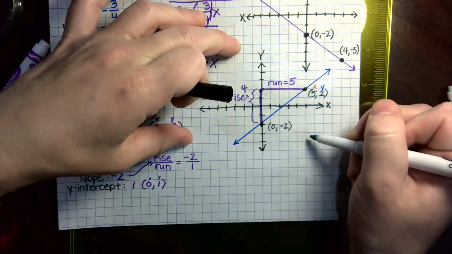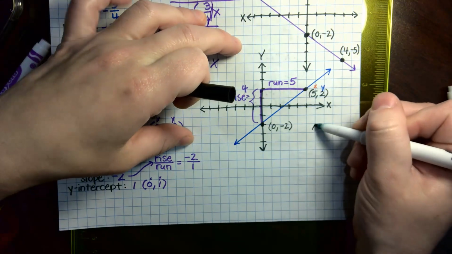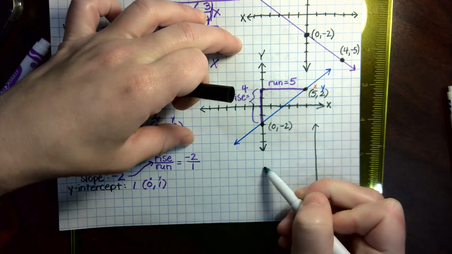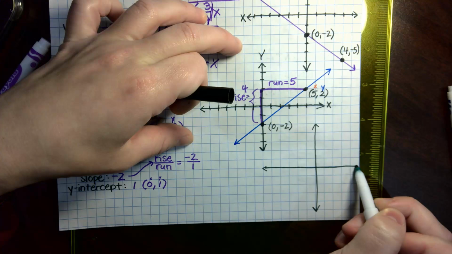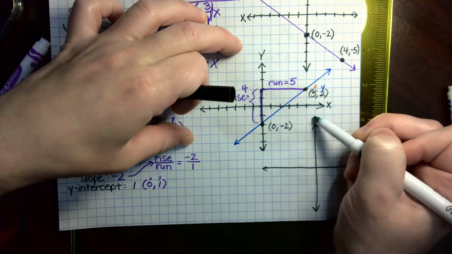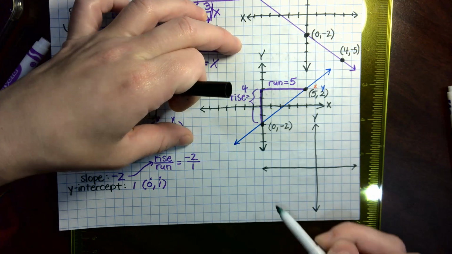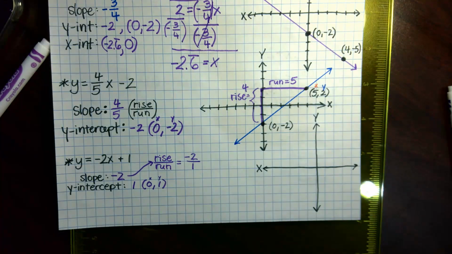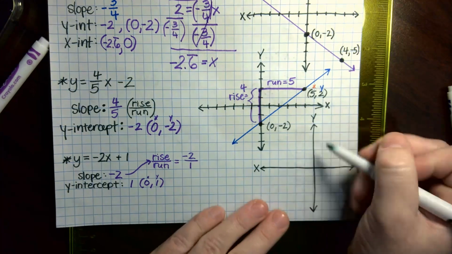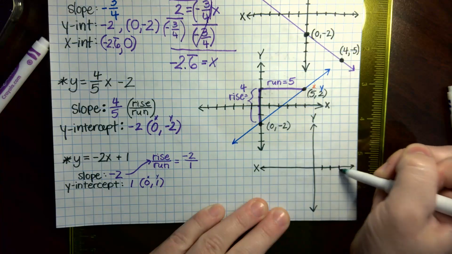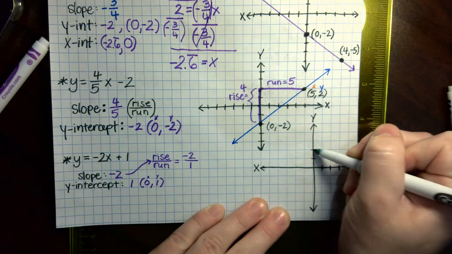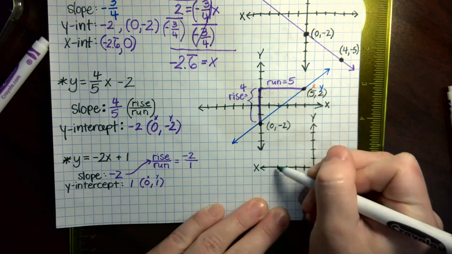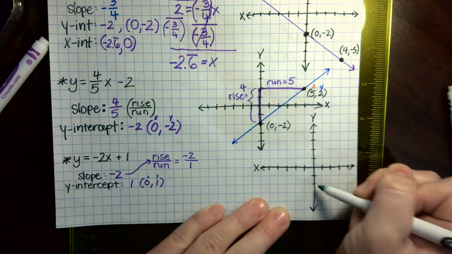Let's go ahead and draw a graph, and label our axes. We've got a y here, we've got an x here. Make some little tick marks. Don't forget my negatives are on the left, my positives are on the right.